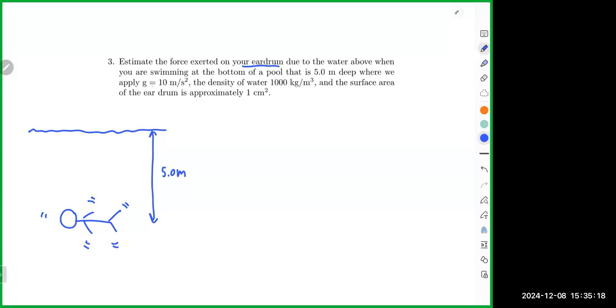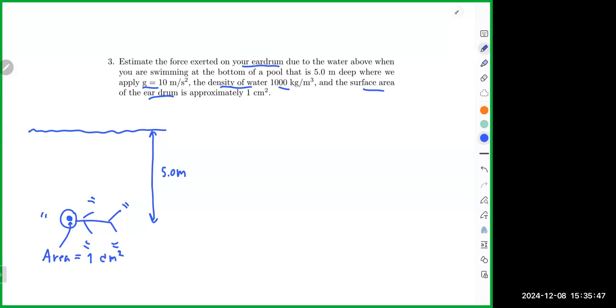And okay, here is the g. Don't use 9.8, just 10. Density of water is 1,000. And the area of your eardrum, which means around here, is 1 centimeter square.